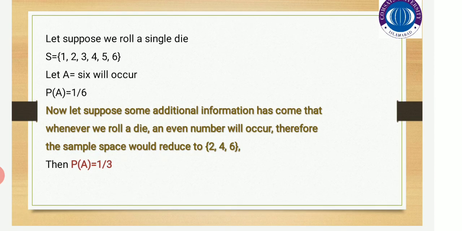Some event is occurring, that is 6, and some additional information or additional event came that the outcome is an even number. So, whenever we have some given information before finding the probability of an event, it is also helpful in increasing the chances of occurrence of an event, and so this one is called the conditional probability.